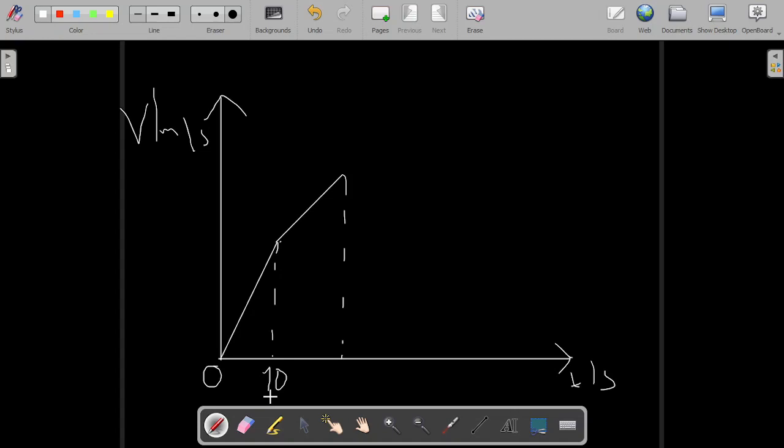So we have 70 here. We need to add 70 plus 25, which gives 95. I think I need to increase the line here, so allow me to do that.